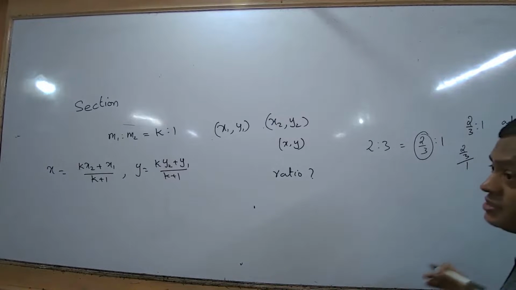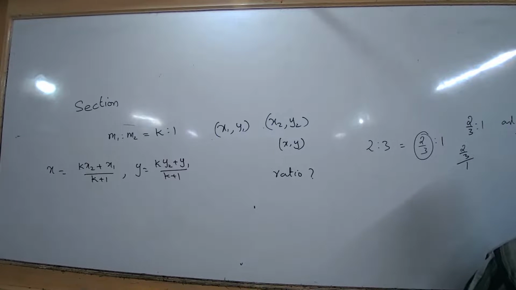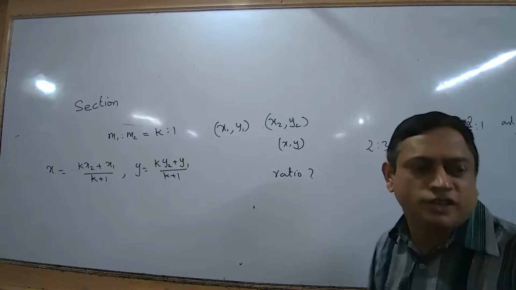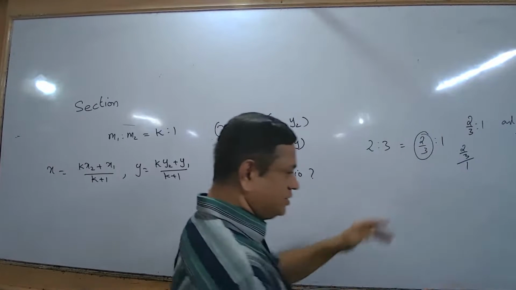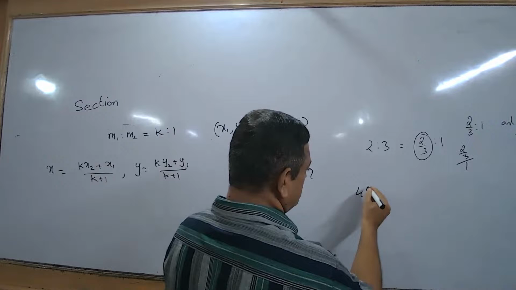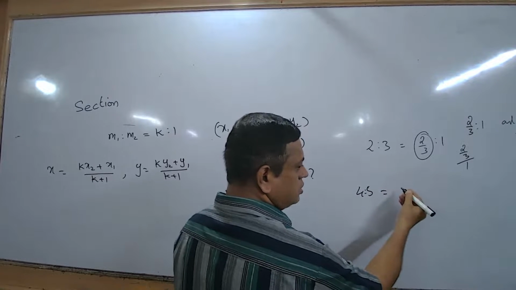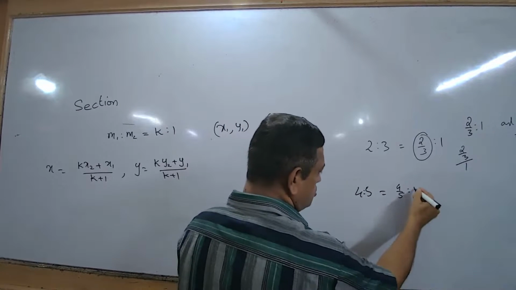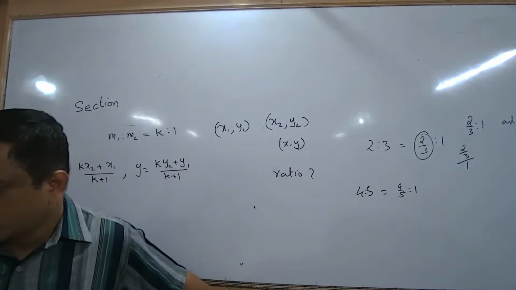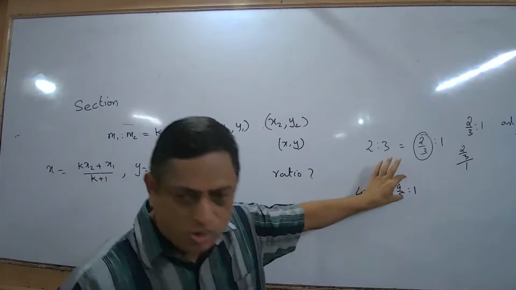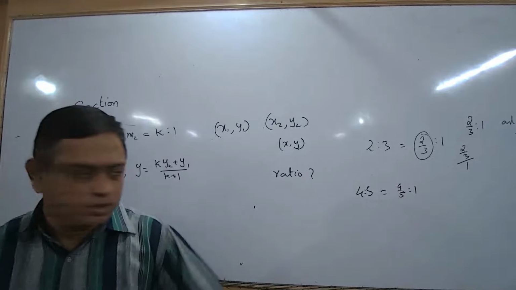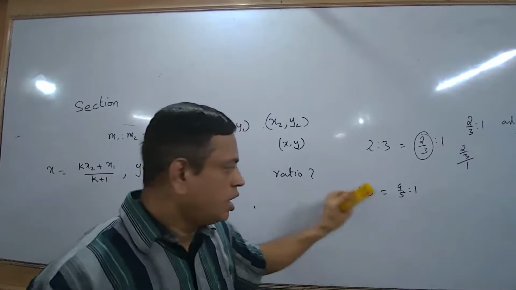So 4:5 can be written as 4/5 is to 1. That is why everything you can write as something is to 1, that is why k is to 1. Are you followed?